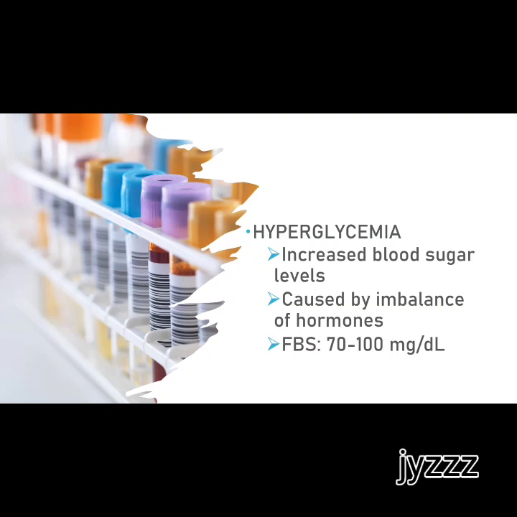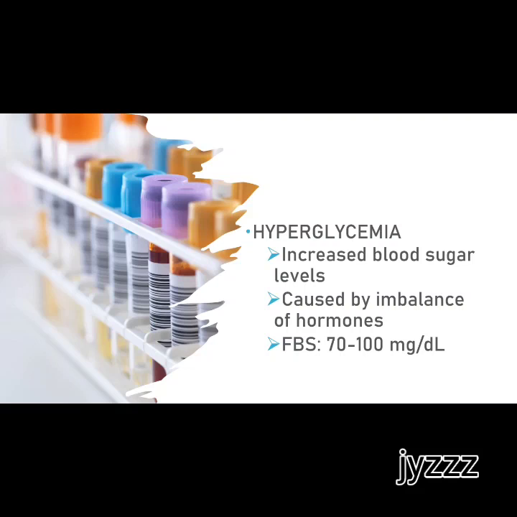If your fasting blood sugar is greater than 100, then you can call it hyperglycemia. In the case of random blood sugar, a blood sugar of greater than 200 milligrams per dL is hyperglycemic.